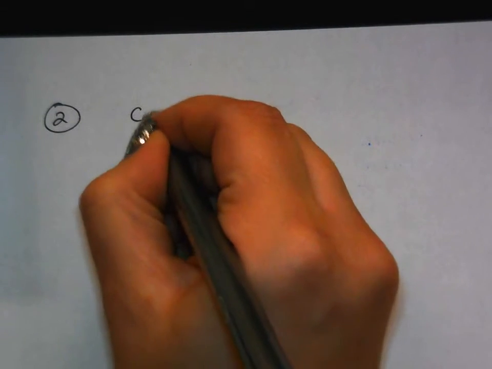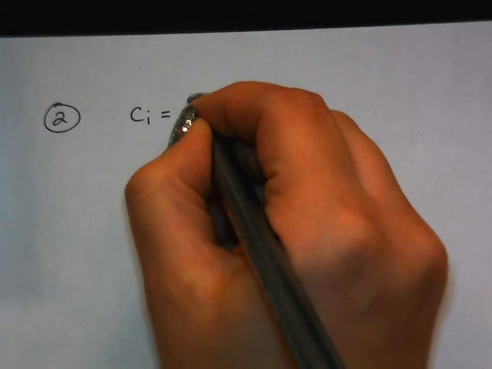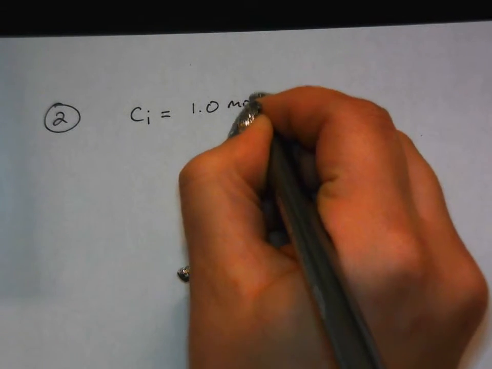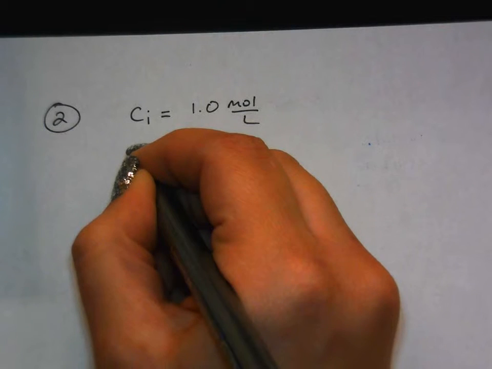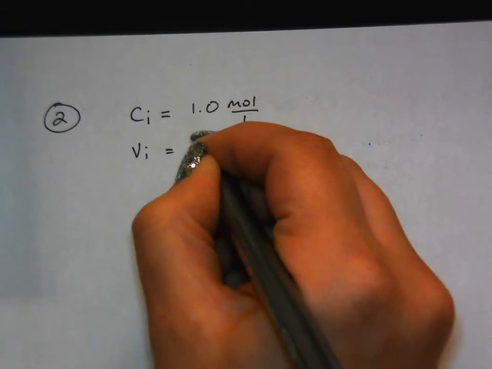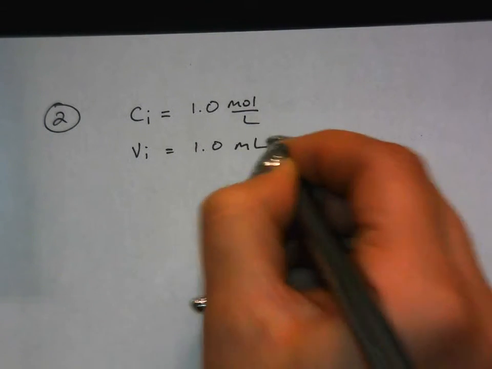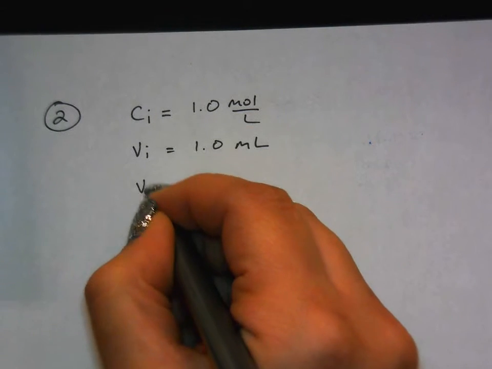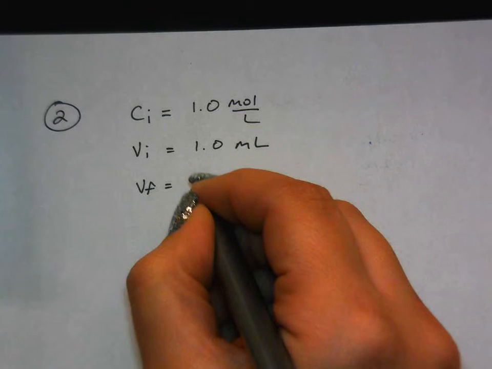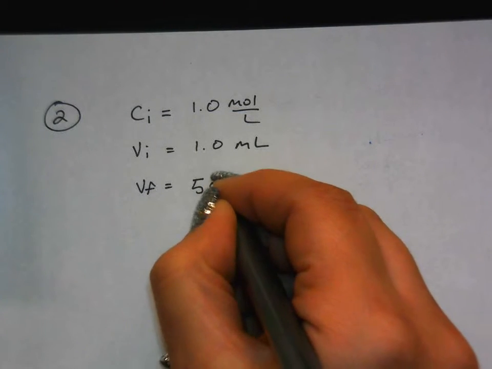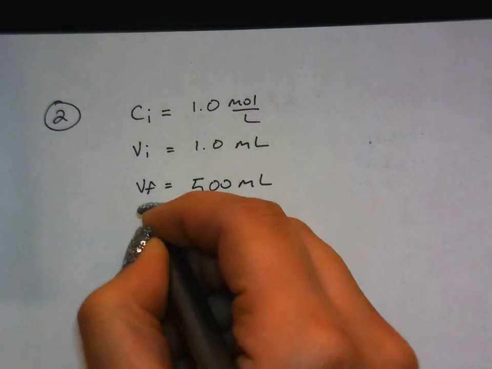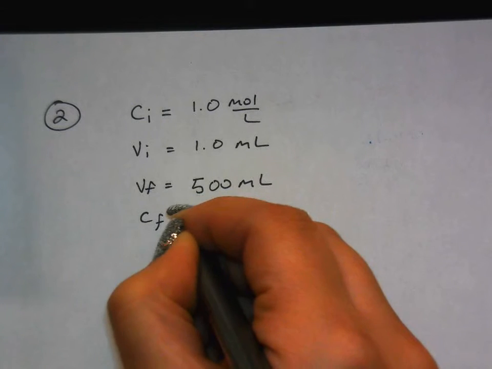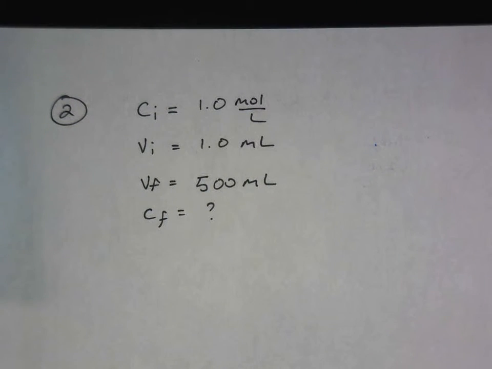My initial concentration is 1.0 mole per liter. My initial volume is 1.0 milliliters. My final volume is 500 milliliters. I would need to know what my final concentration is, and I'll use that concentration to figure out my pH.